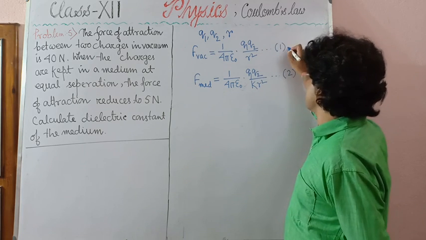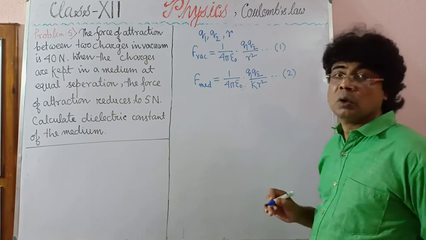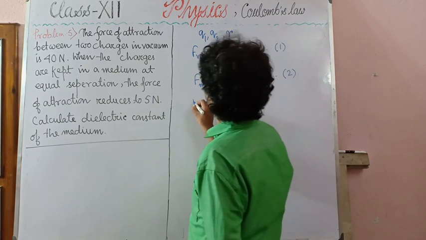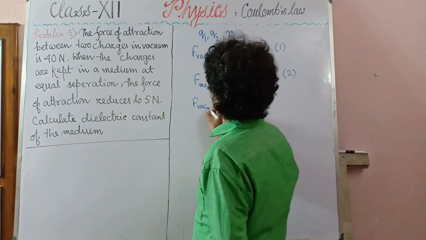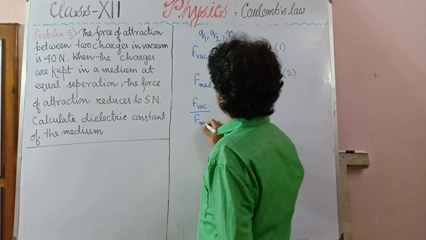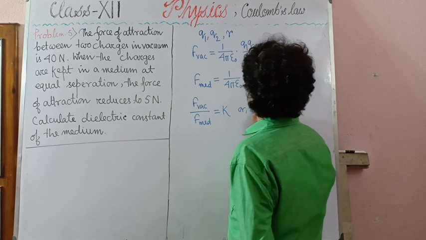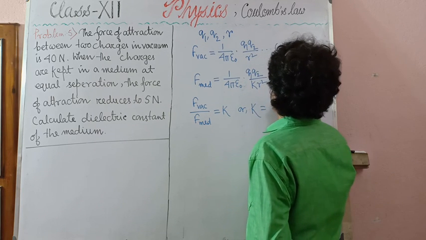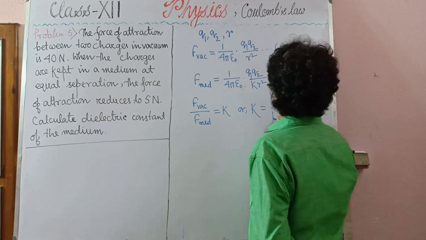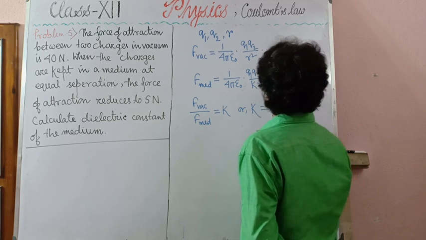Dividing equation 1 by 2, we get F vacuum by F medium equals K, or K equals F vacuum by F medium.